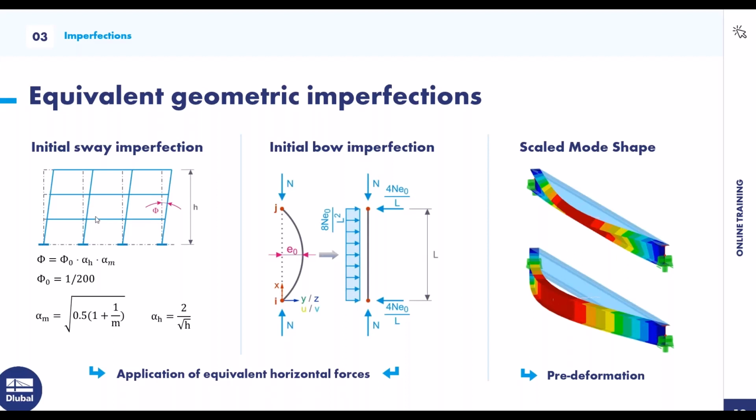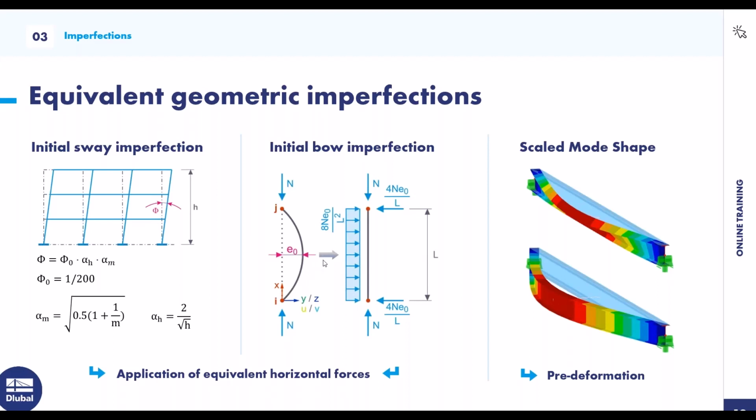On the left side of the graphic, you can see the initial sway, the global imperfection that can be applied to the structure. And if individual components are to be examined more closely, there is the local equivalent imperfection, for example, an initial bow imperfection.